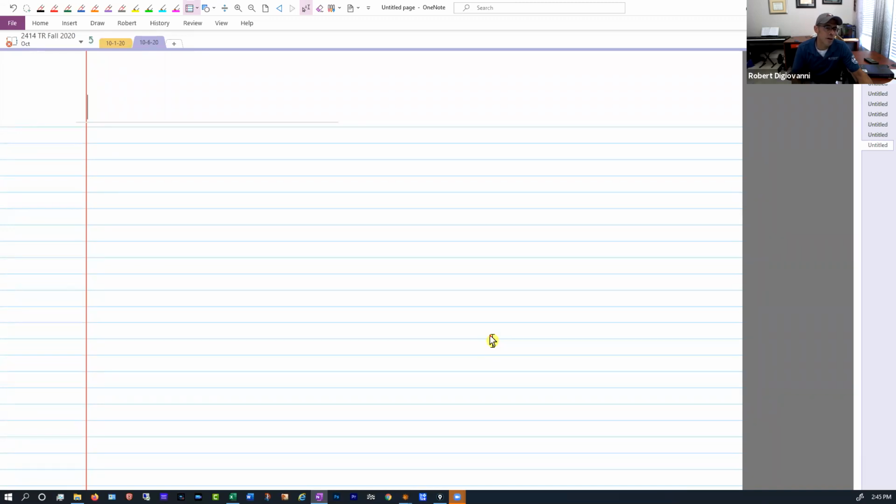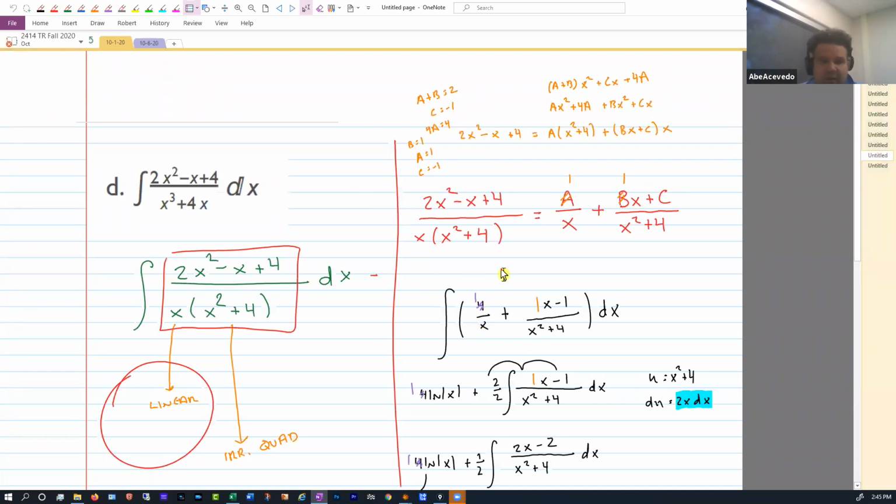What do you have in your numerator? 2x squared. That's what you have when you do the partial. That's what the problem says. No, in order to split the top and bottom. You found A, B, and C?